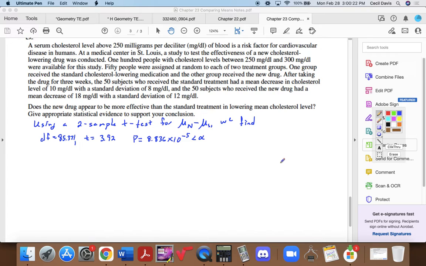It all works out. I got it now. So we agree that there are 85.371 degrees of freedom and that t is 3.92. And now we are in agreement on the p-value.